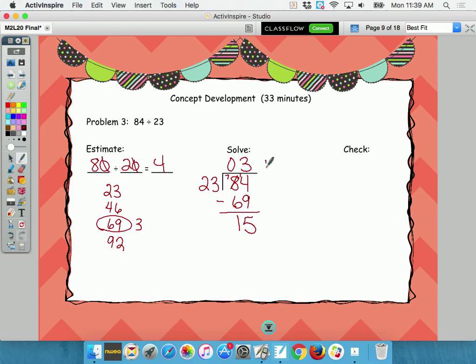Okay. Aubrey, what do I multiply together? 23 times 3. We already know the answer to that, don't we? Give you 69 plus 15. So is 84 the number we started with? Yes. Okay. One more problem.